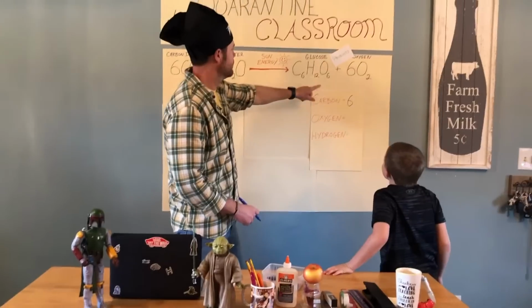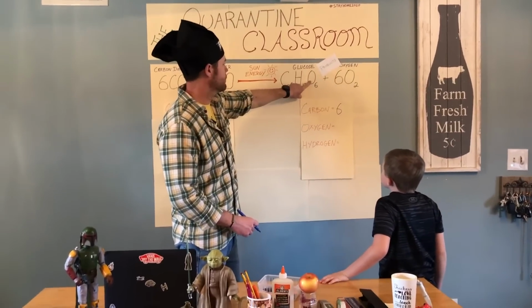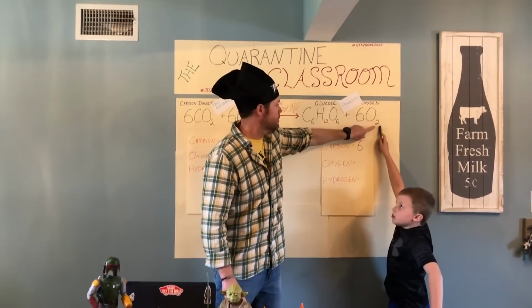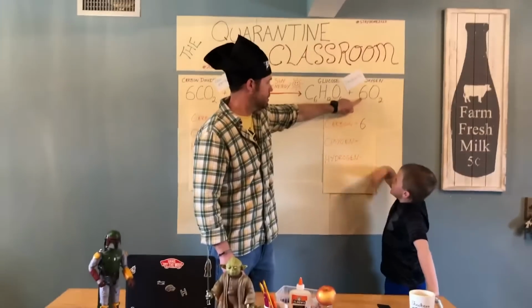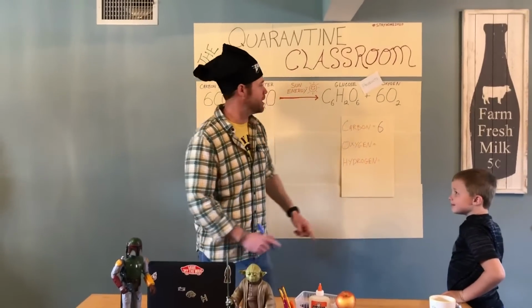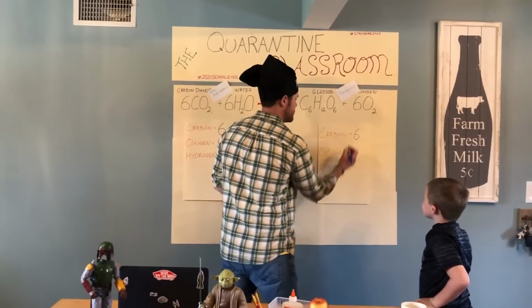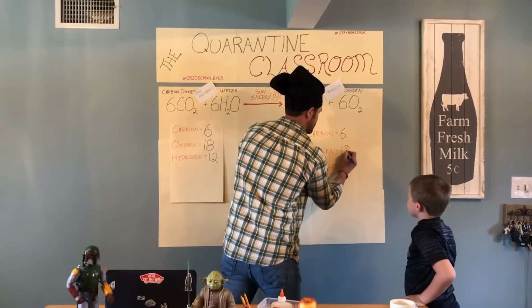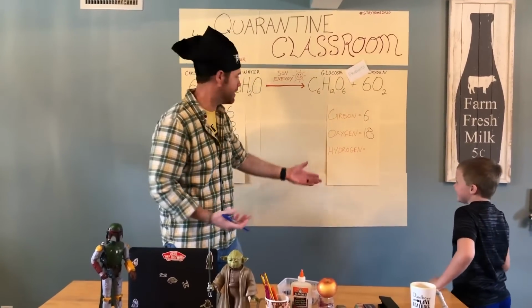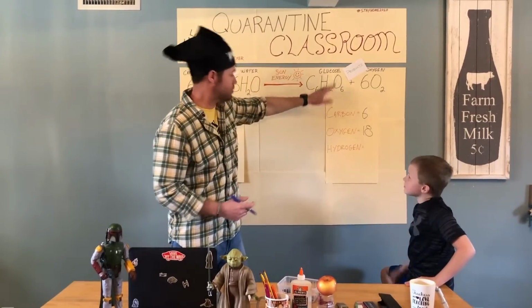We have 6 here. We have some more over here. Put a 2. Right, camera lady? There's a 2, 6 times. Yep. 6 times 2 is 12. Way to go, little chef. 12 plus 6, 18. Same thing. And this Hydrogen. 12.